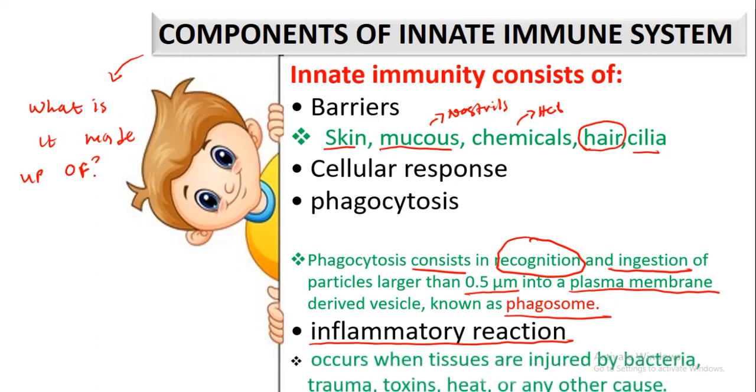So what is inflammation? Inflammation occurs when tissues are injured by bacteria, trauma, toxins, heat, or any other cause. So cells can be injured, and when a cell is injured, the injury can be reversible or non-reversible.